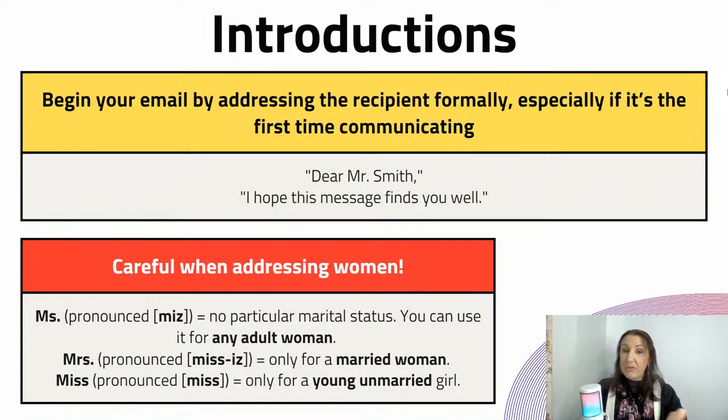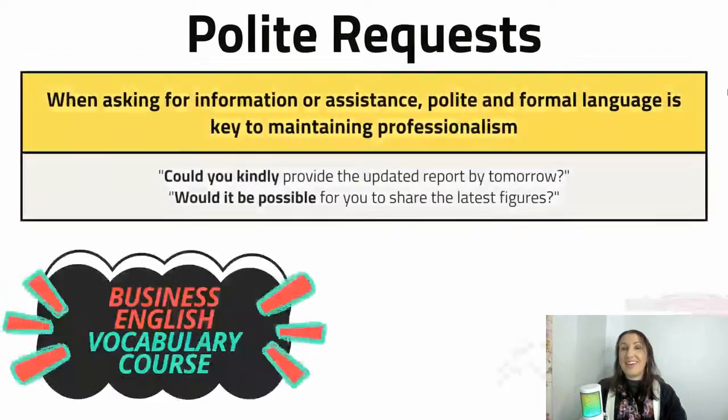So be careful and check as much as you know about this person. If you're not sure, you can say, "Dear Melissa, dear Maria." Just be careful with the way that you address, like the first impression that people get from you, okay?